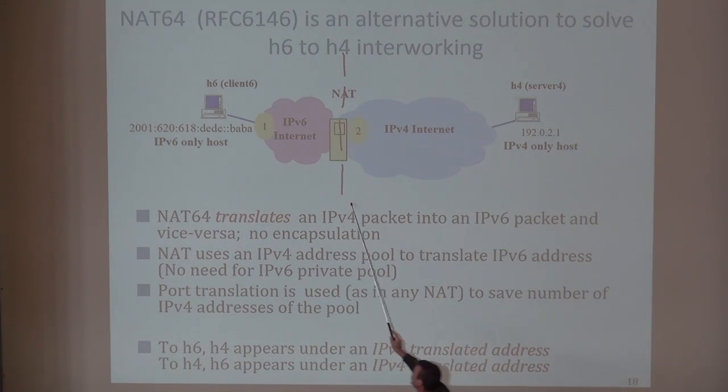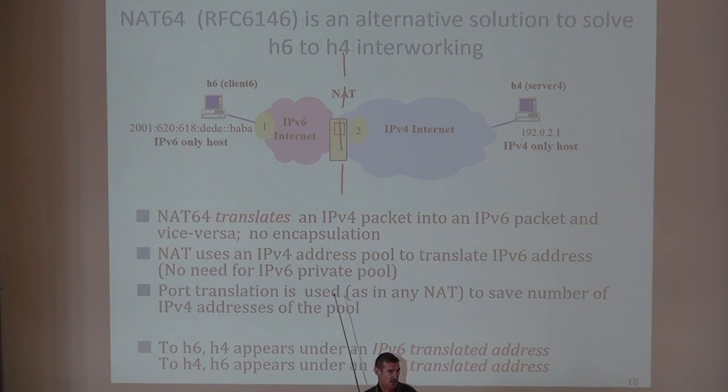Now what is different is that in the case of private to public IPv4, there is no problem to translate the server address. Here we will need to do translation on both sides. We will also use port translation because we will use an IPv4 address pool. What does that mean? IPv4 address pool means all the set of addresses that, if you want, are here at point 2 that represent all the IPv6 addresses that are behind the NAT.